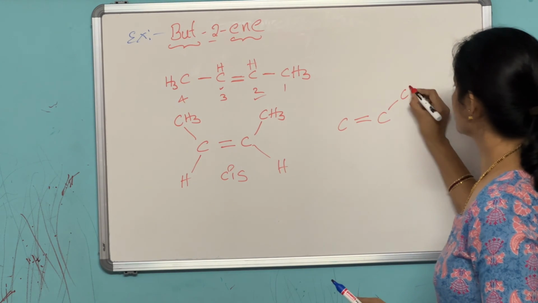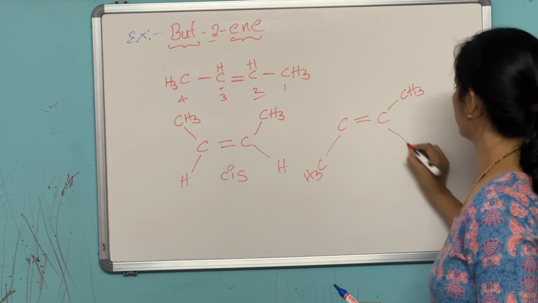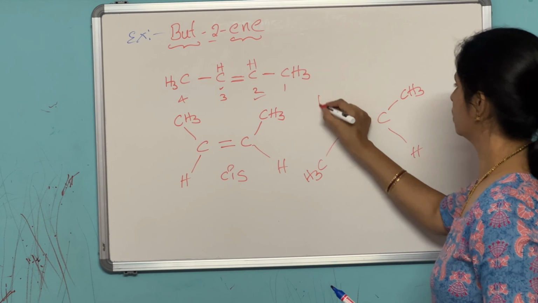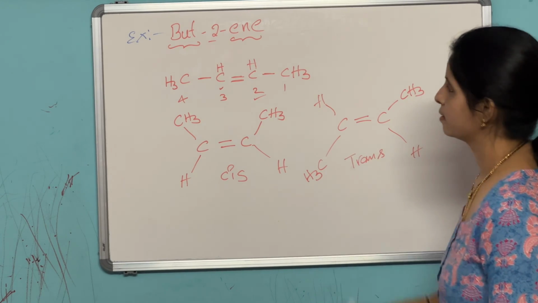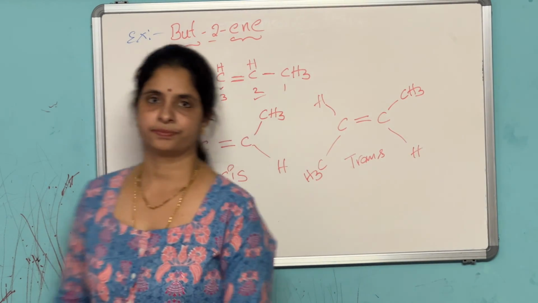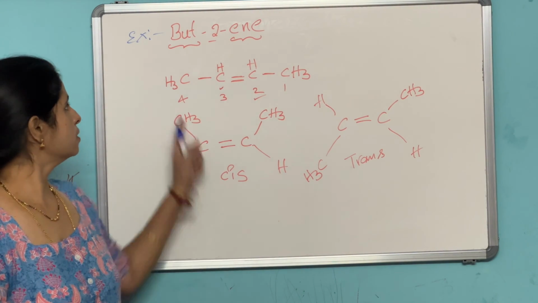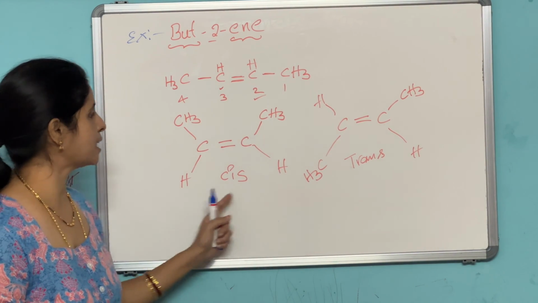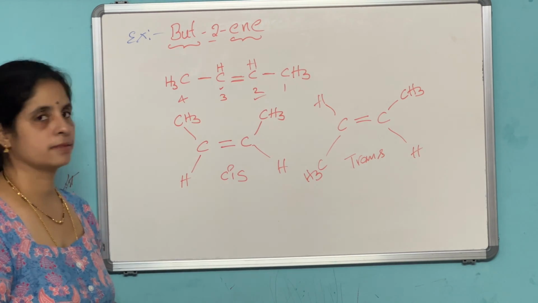And if the same atoms or groups are present on opposite sides of the double bond, we call it trans. That's it. These are the geometrical isomers of but-2-ene.